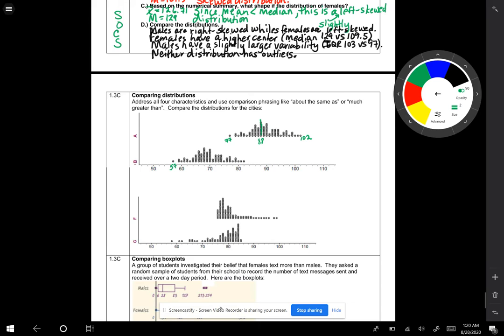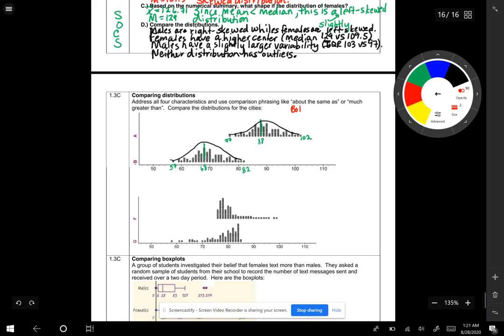Our peak is at 68. This number right here is 82. They both look pretty symmetric to me. So as far as describing goes, I'm just going to write all over the place.